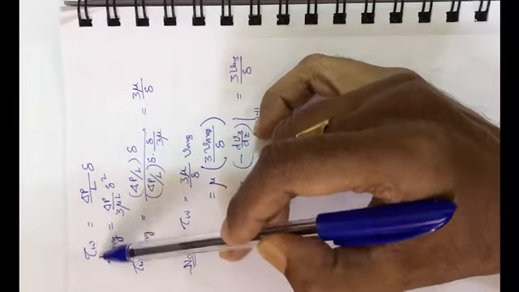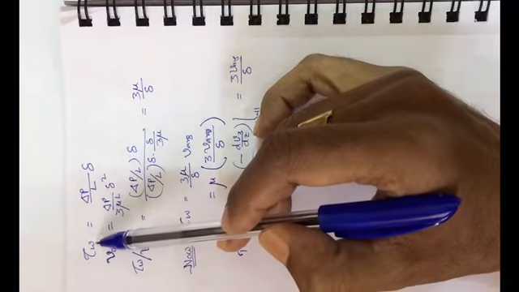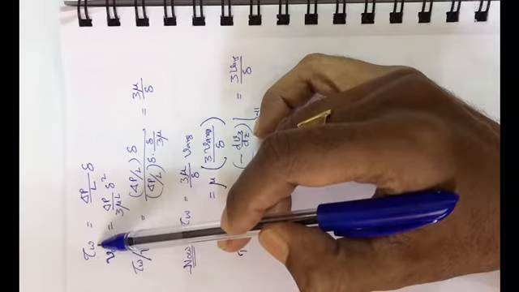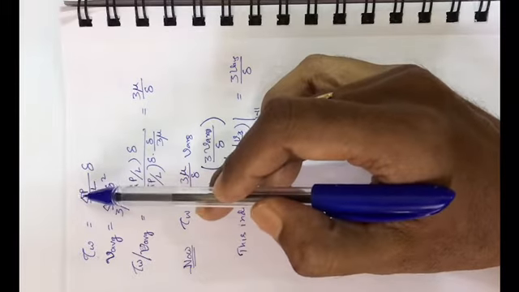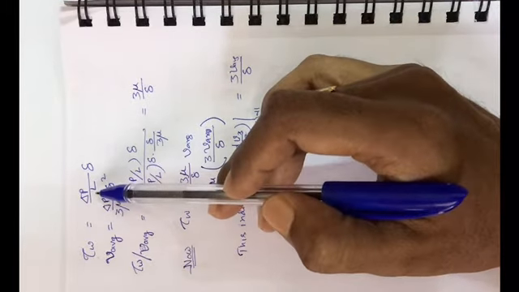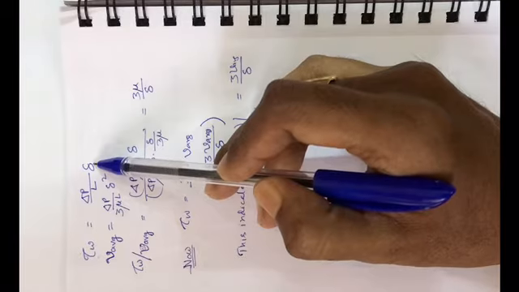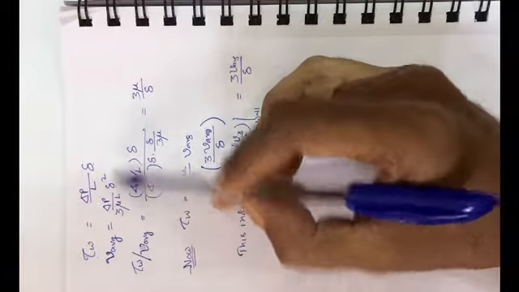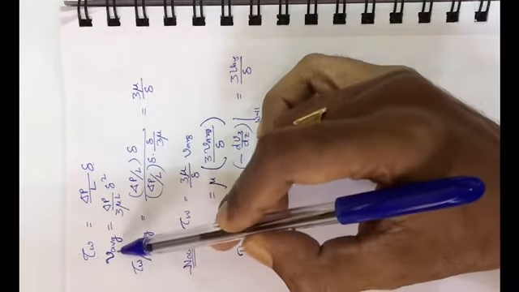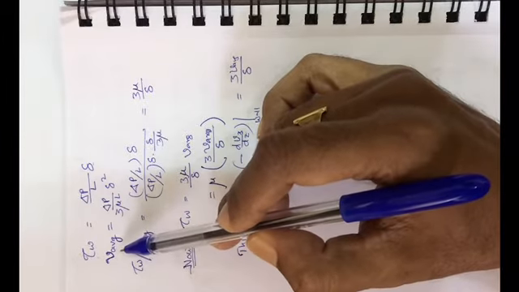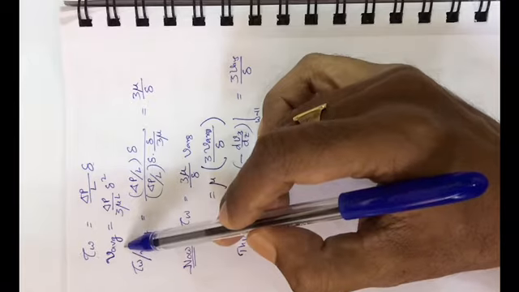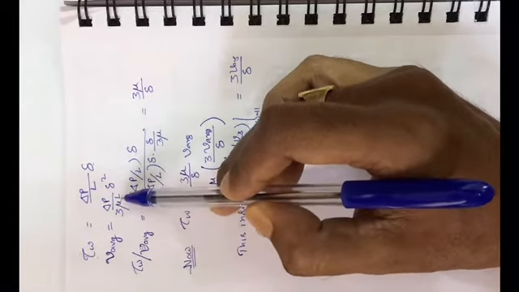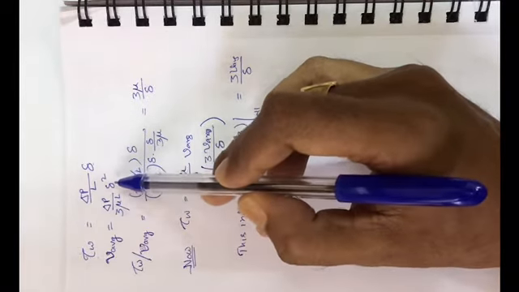Tau W, the tau value at the interface, is ΔP by L into half thickness. And for Newtonian fluid, we have estimated, and if required you can visit the earlier video, V average is equal to ΔP by 3 mu L into δ squared.